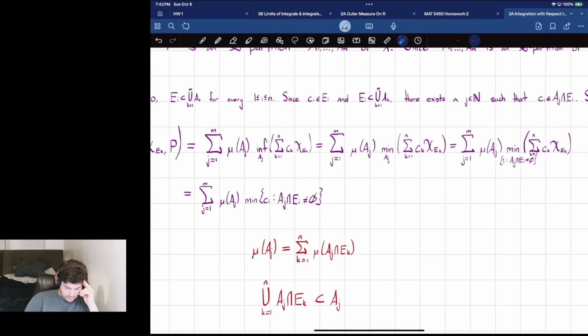Okay, so it's the infimum, which is the minimum, because the value that we're selecting is in the set.